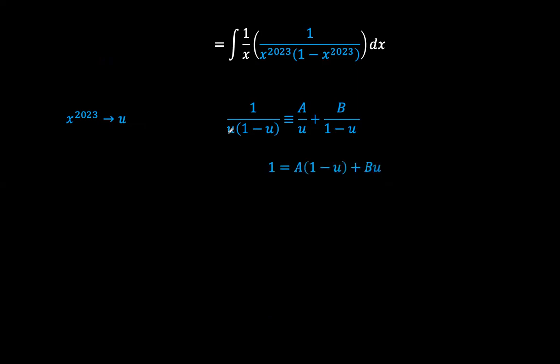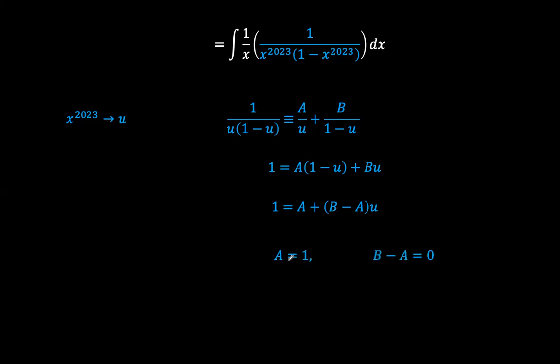If you multiply u times 1 minus u across, we have 1 equals a times 1 minus u plus b u. Collecting like terms, we have a plus b minus a times u. Looking at the constants, a is equal to 1, obviously, and then b minus a is 0, right?